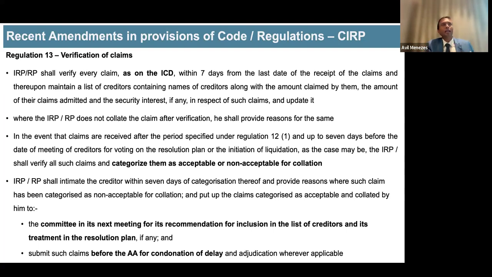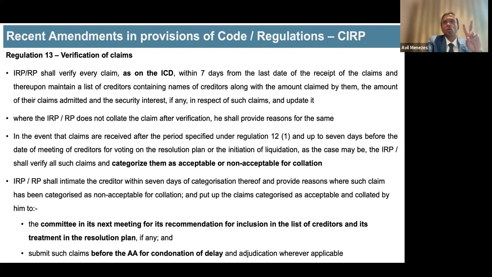Wherever it is non-acceptable, you will have to give reasons to those creditors saying that your claims are non-acceptable for whatsoever reasons. And wherever the claims are categorized as acceptable, you will have to give it to the committee in the next meeting for its recommendation to include in the list of creditors and treatment in the resolution plan, and submit such claims before the adjudicating authority for condonation of delay and adjudication wherever possible.